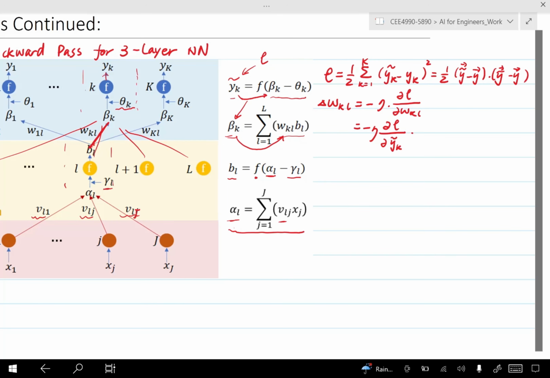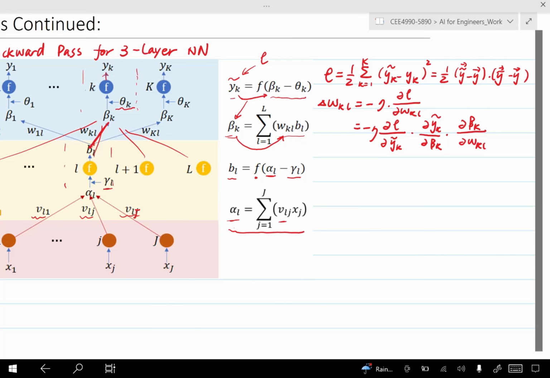And this YK tilde is a function of beta K, so we get the derivative of YK tilde with respect to beta K. Please pay attention to this, this is kind of the key thing we need to understand for how you do the backward pass. And then beta K is a function of what? WKL, right? That's what we want. So then partial beta K to partial WKL. Now you can see that this is the chain rule.